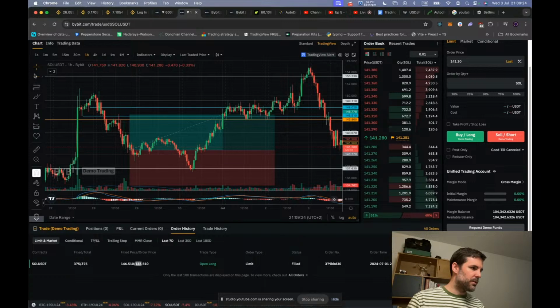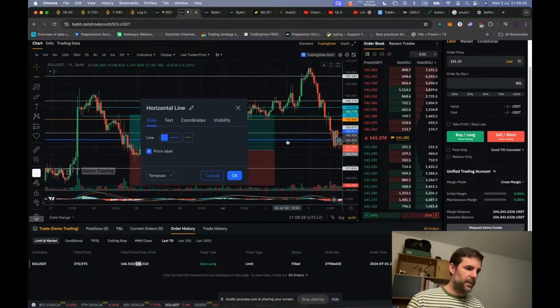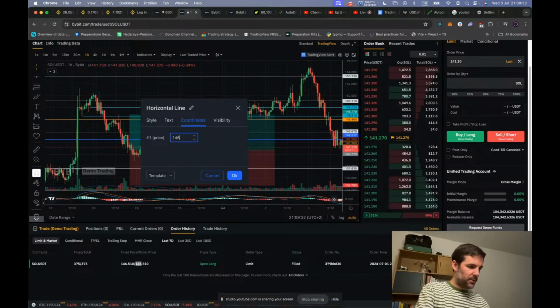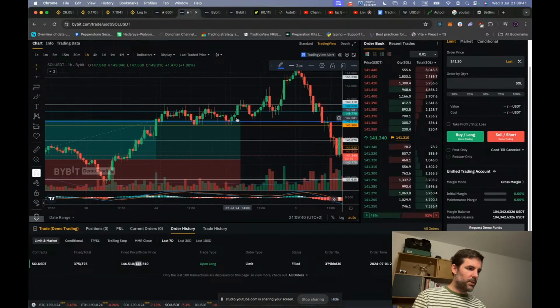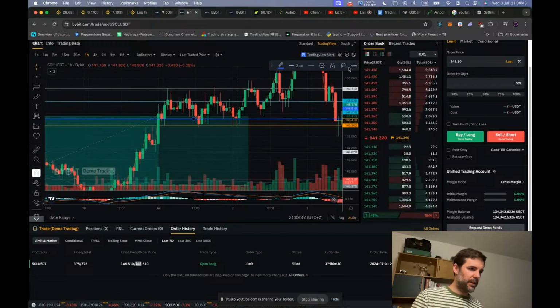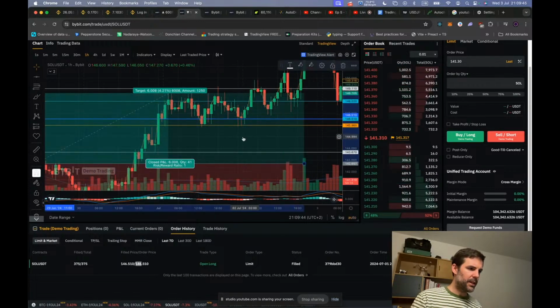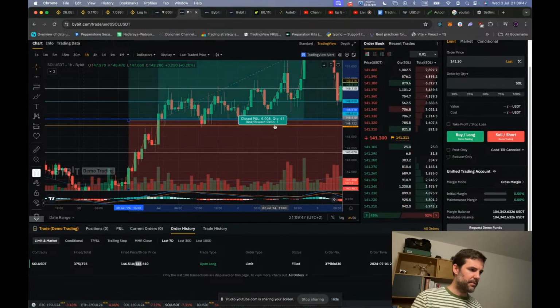So not horizontal ray, but horizontal line. Let's add one line in whatever place we want, and let's put 146.51. So this blue line was the place where we entered some trade. Okay, so we actually entered like this.